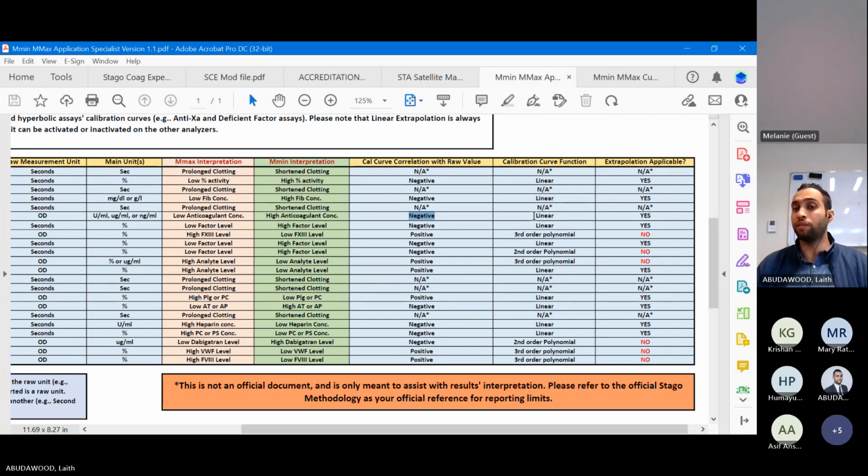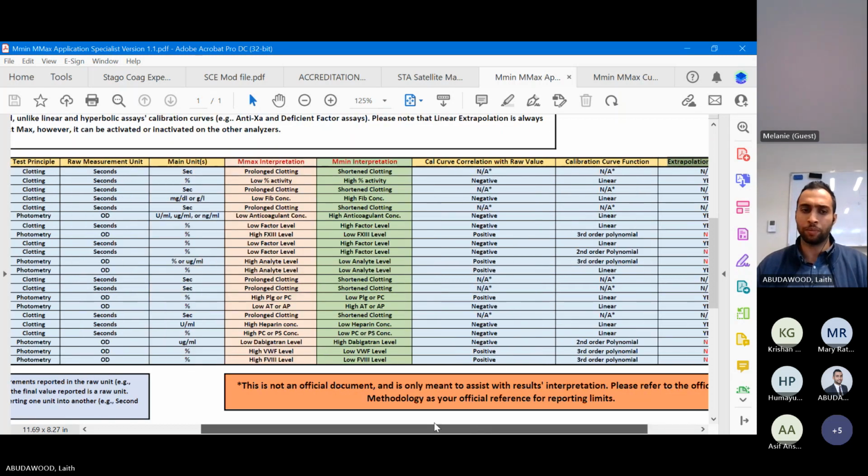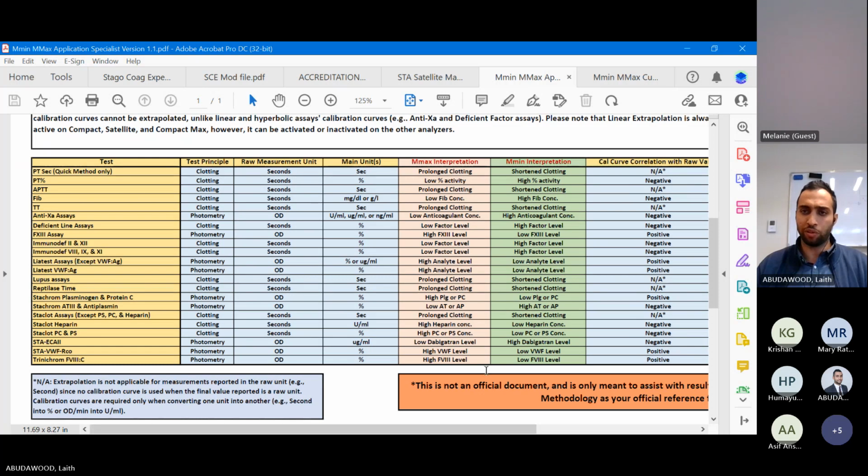And MMax means you have a very low concentration of your analyte, which is basically the anticoagulant. Calibration curve type, linear, hyperbolic, third order, second order, polynomial, doesn't matter. Whether extrapolation is applicable or not, you can see it all here. This just helps you understand things a little easier. And the rest is just information for you.